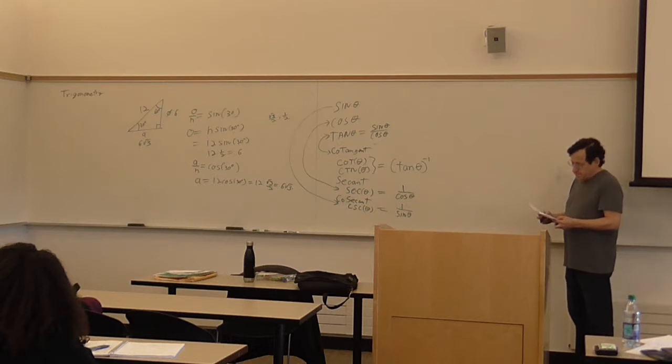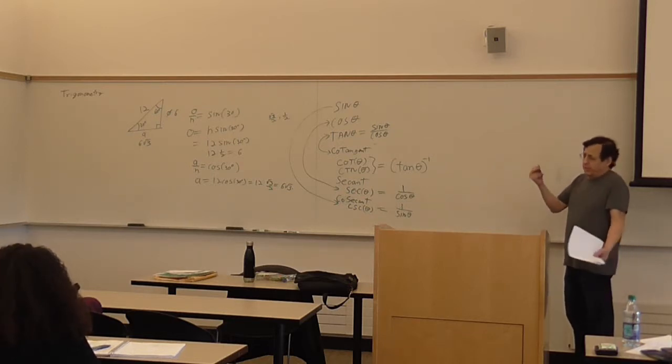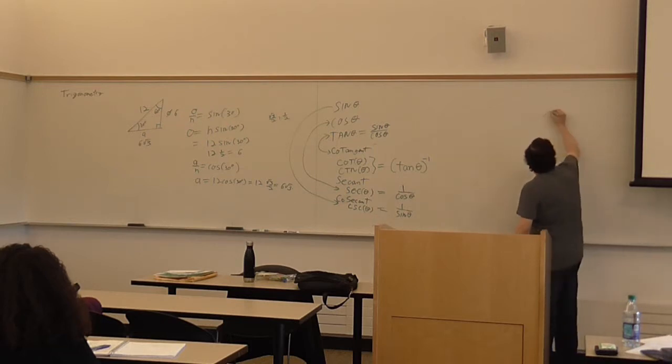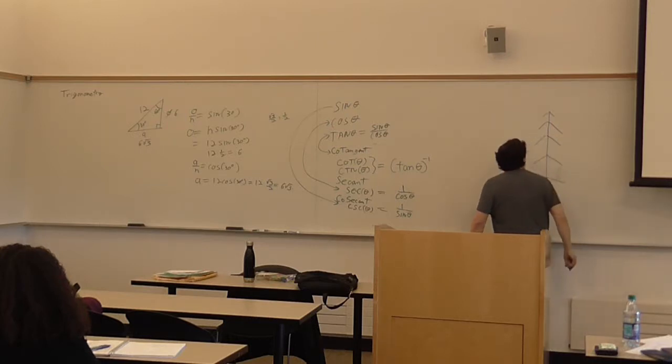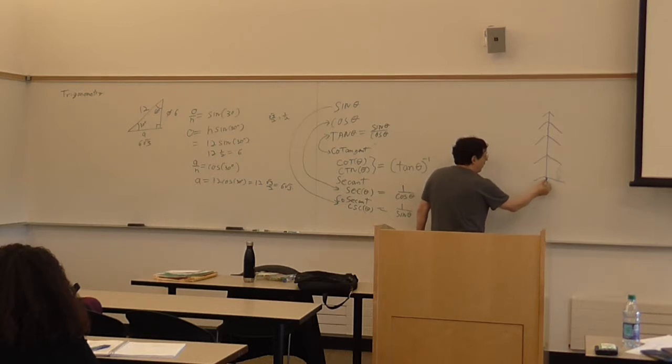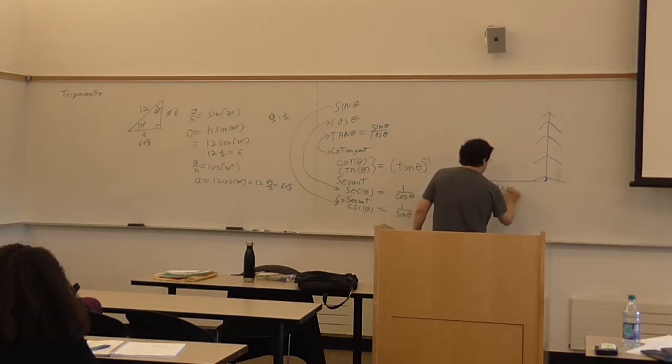So I'm walking through the woods because it's my job, I guess, and I see a very tall tree. And I want to know how tall that tree is. So I measure out from the base 532 feet.